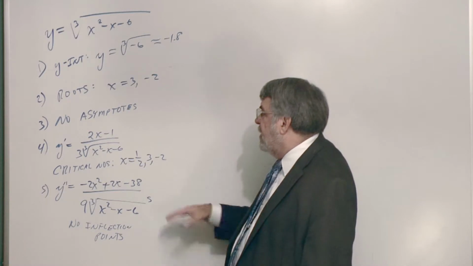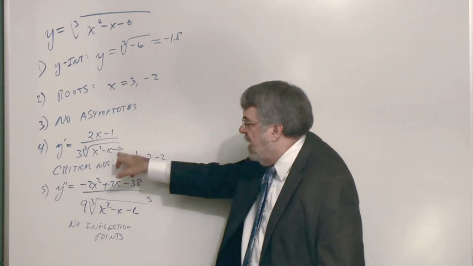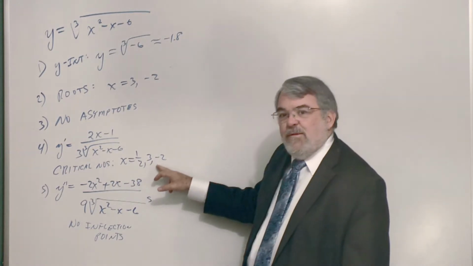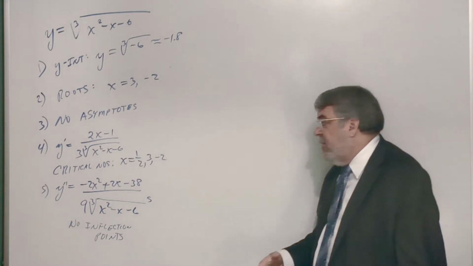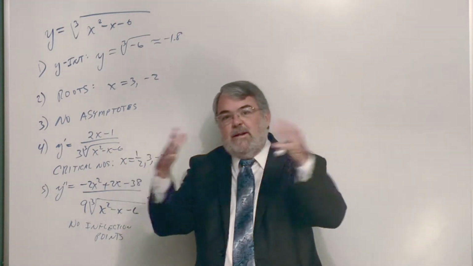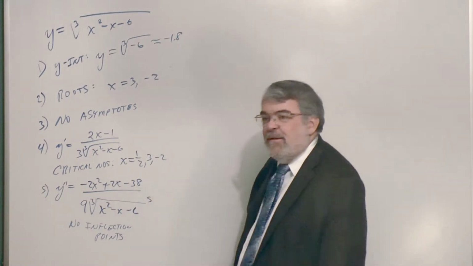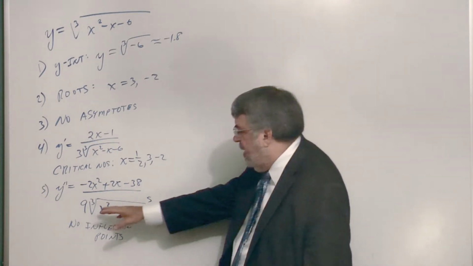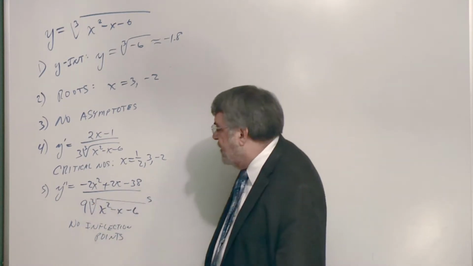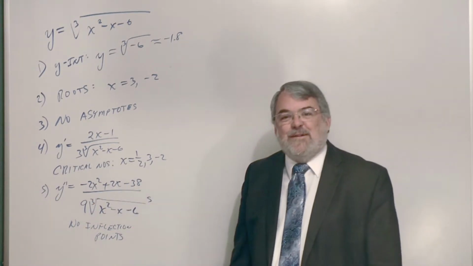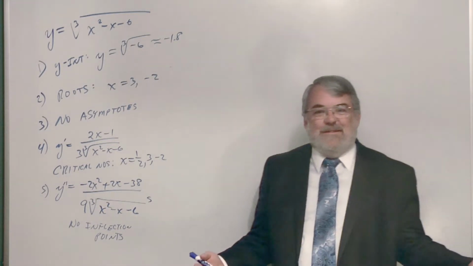The critical numbers are at 1/2, where the numerator is 0, and where the denominator equals 0, which is 3 and negative 2, also critical numbers. Finally the second derivative, which I simplified on top: minus 2x squared plus 2x minus 38, divided by 9 times the cube root of this mess to the 5th power, 5/3 power. And we found there were no inflection points. So there's all our basic information.